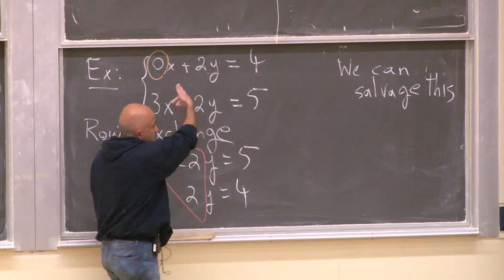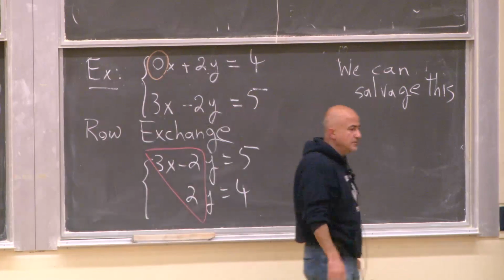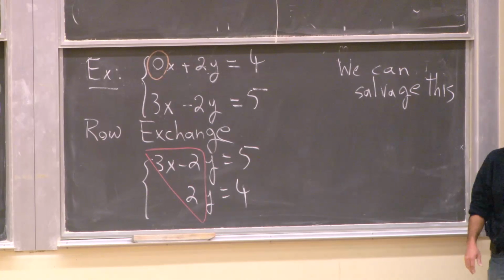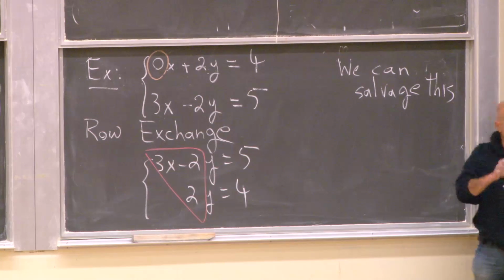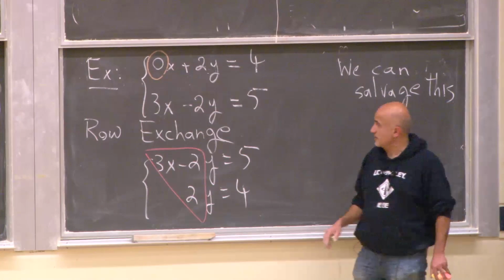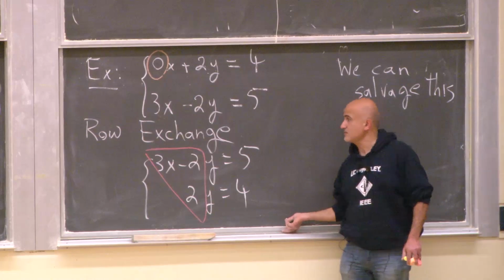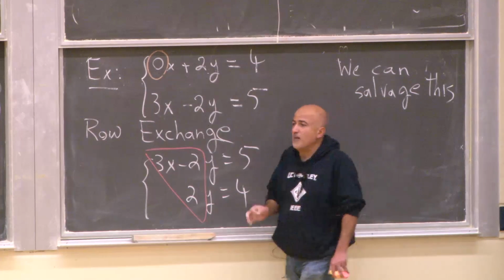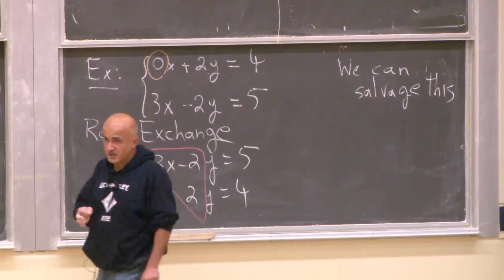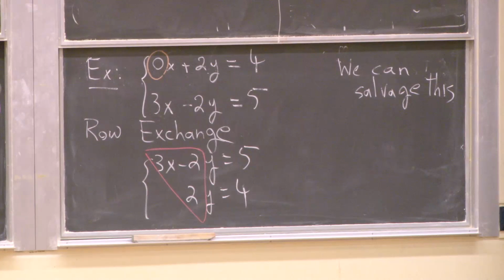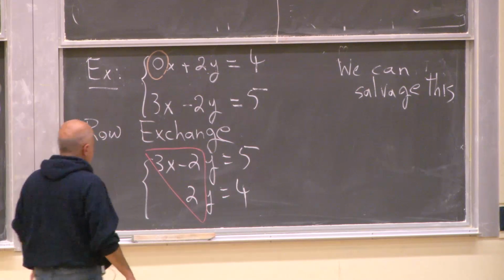In this case, after the row exchange, it's already in upper triangular form, so it's a non-issue. But I'm not worried about your understanding of the concept. Whatever you're comfortable with, just do that. The point is, if you bump into a 0 coefficient on the leftmost variable, and you still need to zero out the coefficients underneath that, you're going to have to do some kind of row exchange. OK?